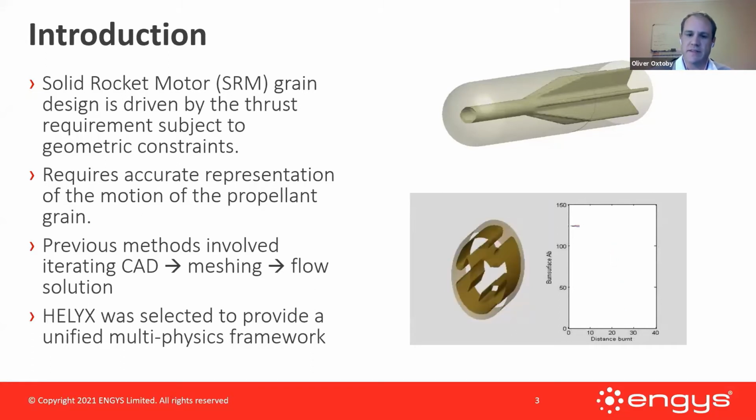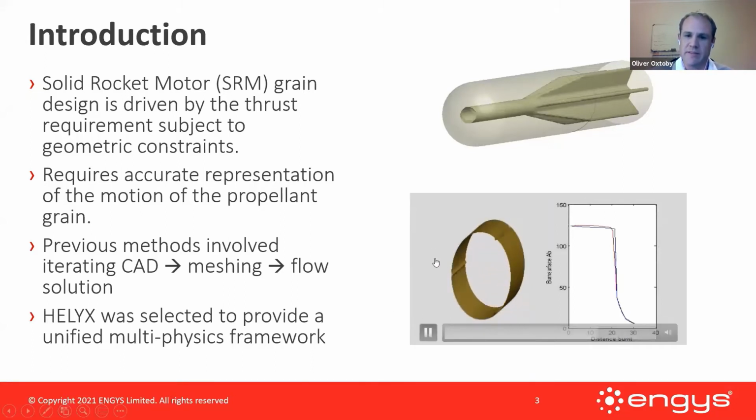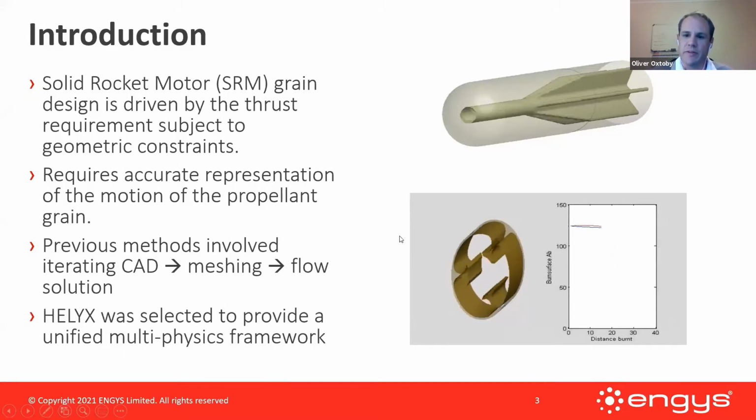This leads to these very intricate patterns of the shaping of the void in the middle of the solid grain in order to end up with a certain specified thrust profile for the rocket. This is an example of that at the top. It's the so-called Finocyl rocket, which has these large fins that give a higher thrust at the beginning to accelerate the rocket as quickly as possible to its design conditions, and then thereafter maintain a more steady thrust.